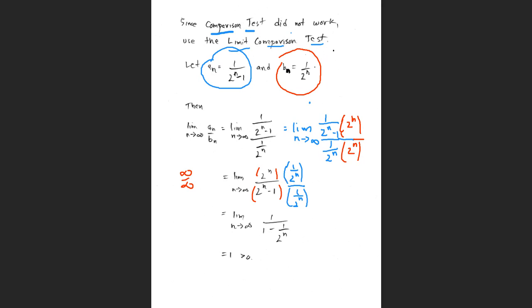And when we do that, we'll get the limit as n goes to infinity of 1 divided by the denominator 1 minus 1 over 2 to the nth power, right? Because, of course, you're distributing. Try to make this look good. One moment.